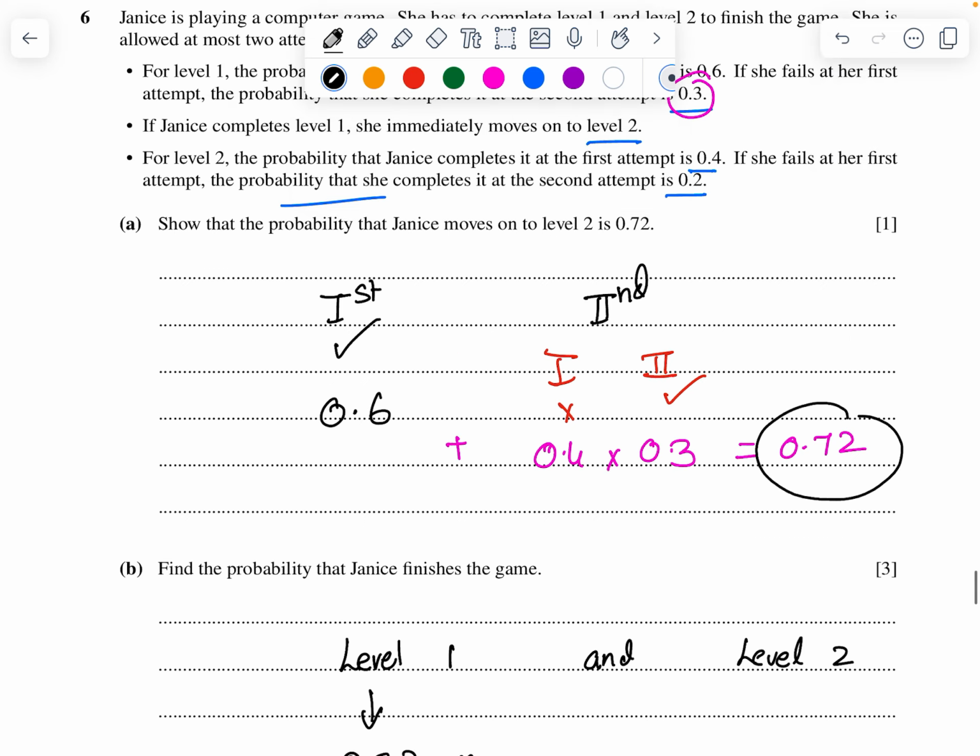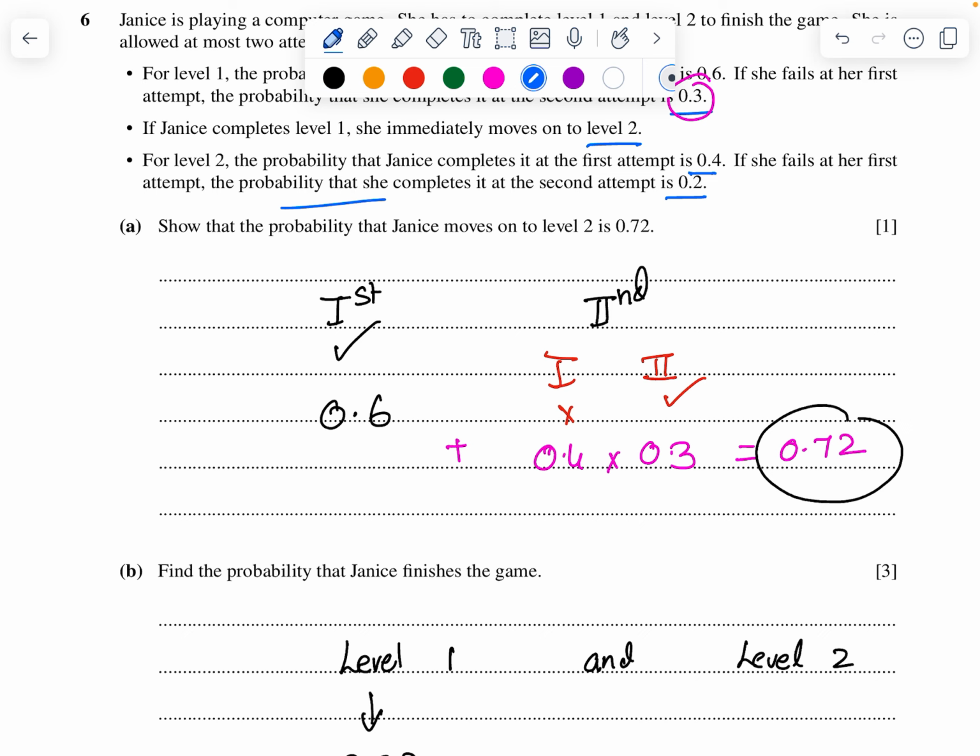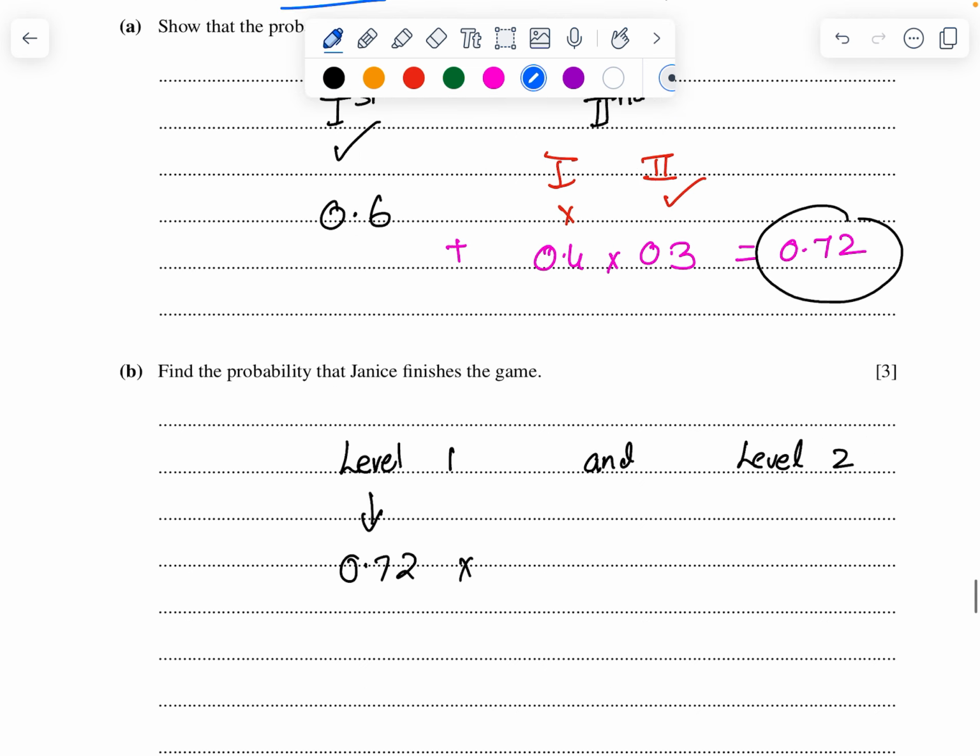Now come to the second level. She completes in the first attempt with 0.4, or she can complete in the second attempt. Means what happened to the first attempt? First attempt she has failed. Then second attempt she has passed.